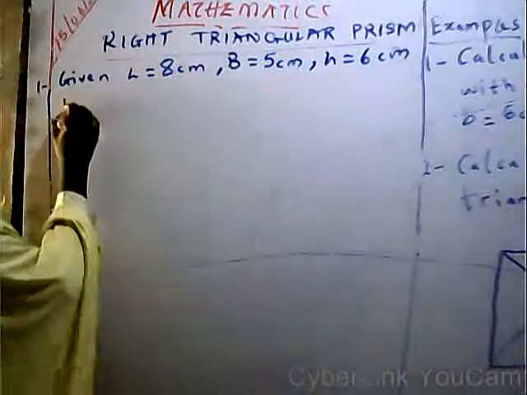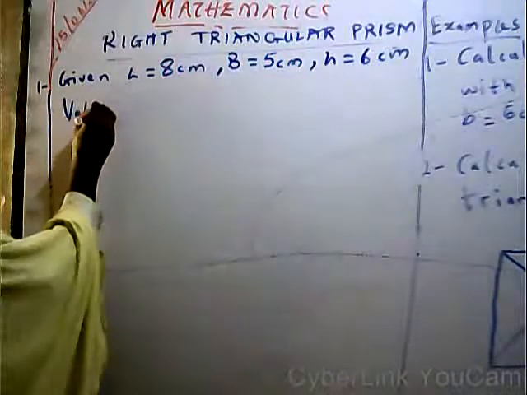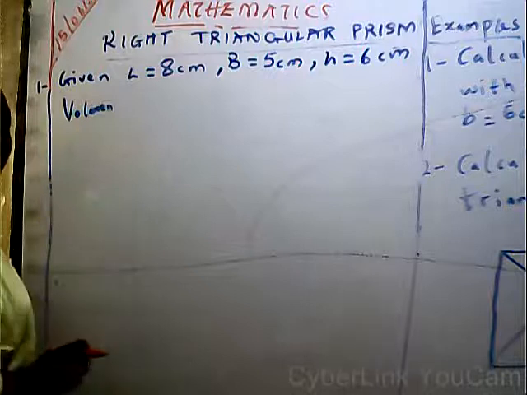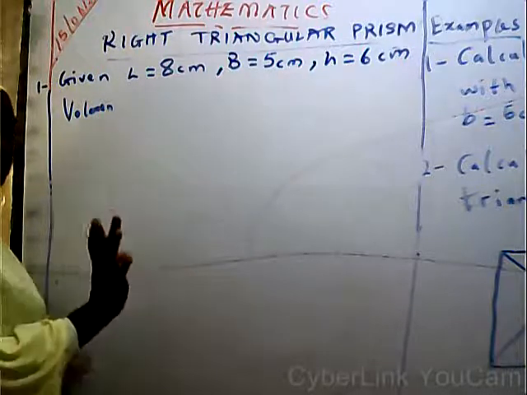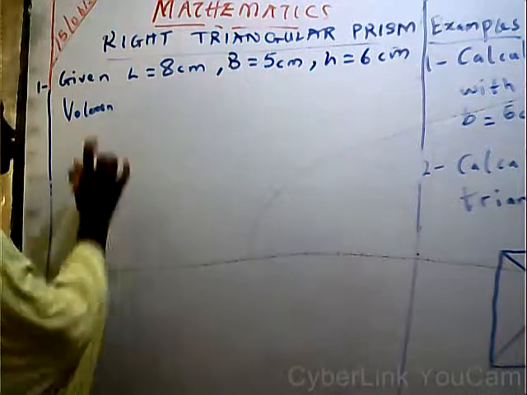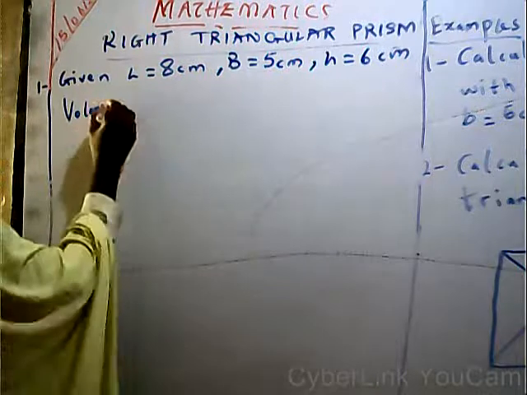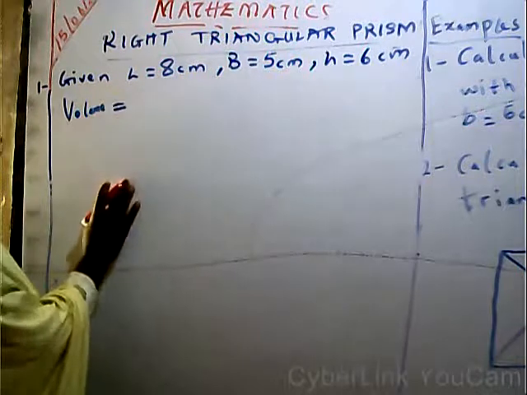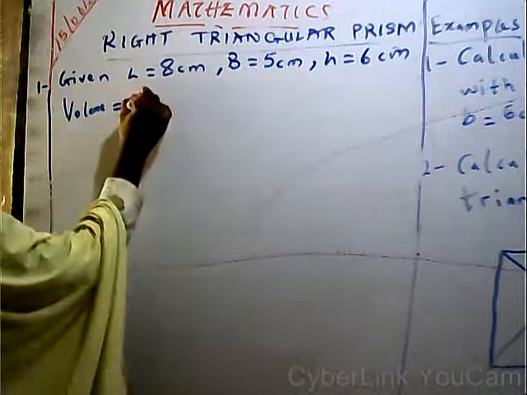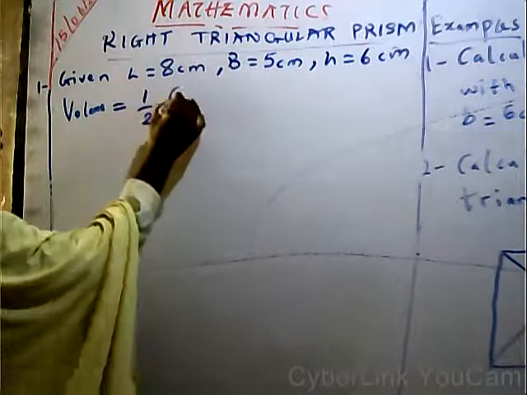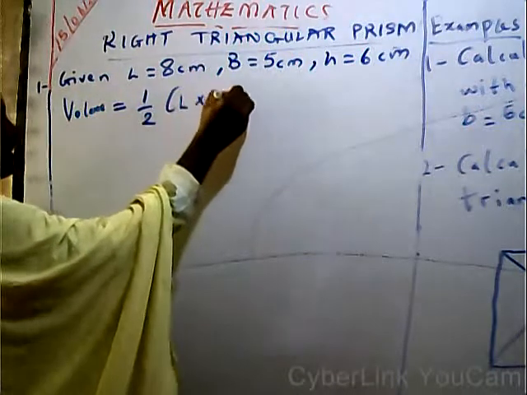Remember the formula for volume. That's how we should find the volume of this prism. Remember, the formula is 1/2 length times breadth times height.